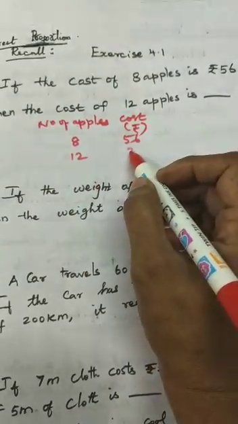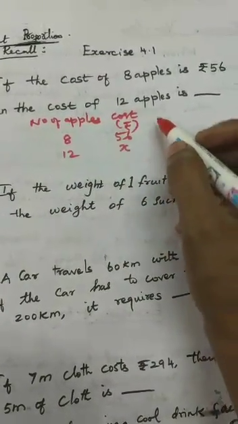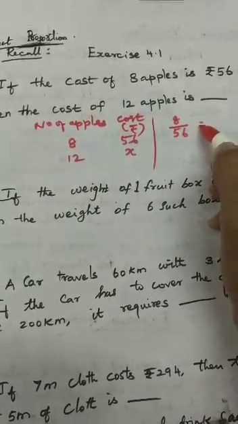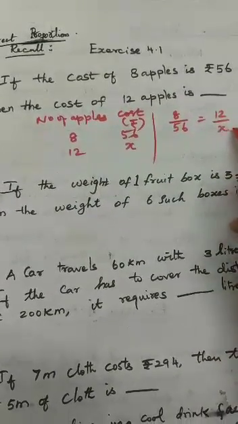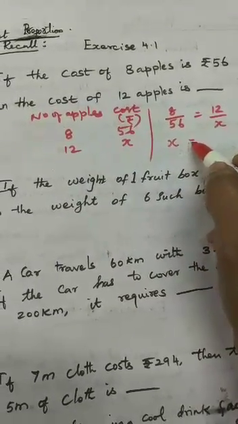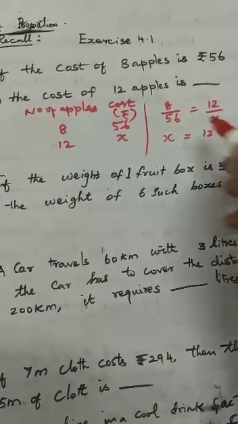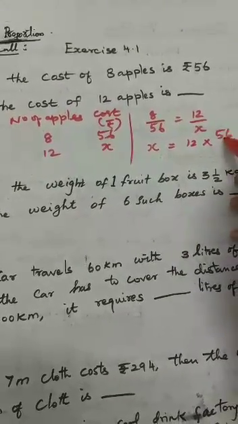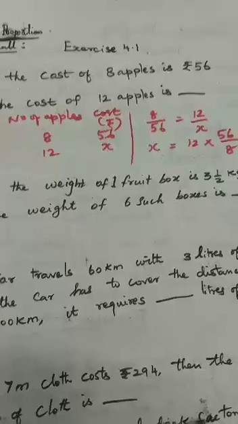Then 12 apples, how many rupees you have to find. So how to write this? 8 by 56 is equal to 12 by x. You bring this x this side, means it will come to the numerator. So 12 into, you bring this side, the reciprocal of 8 by 56 is 56 by 8.